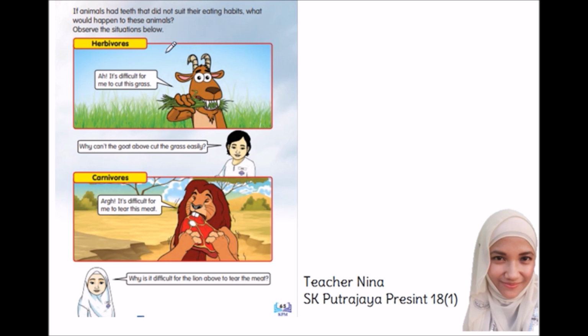Let's look at the first situation. Herbivores. And an example here is a goat. Hey, look at these goats' teeth. They are not incisors, but canines. It's difficult for me to cut this grass. Why can't the goat above cut the grass easily?